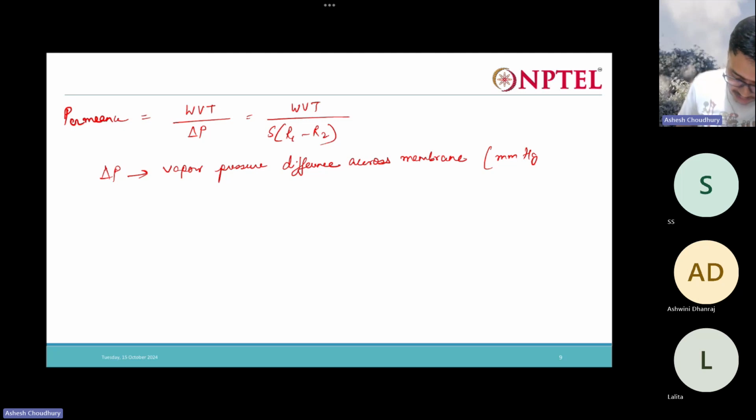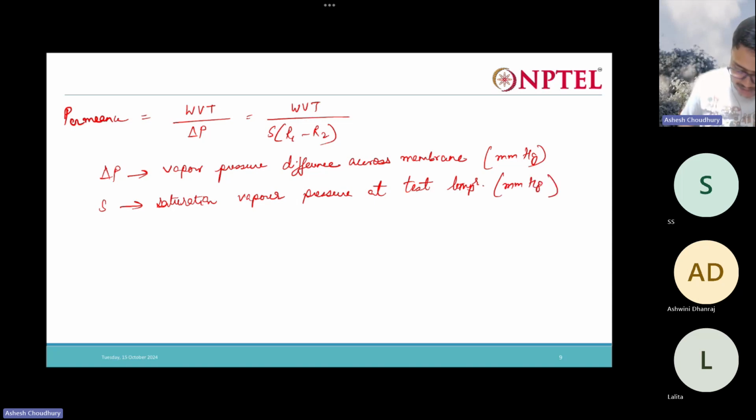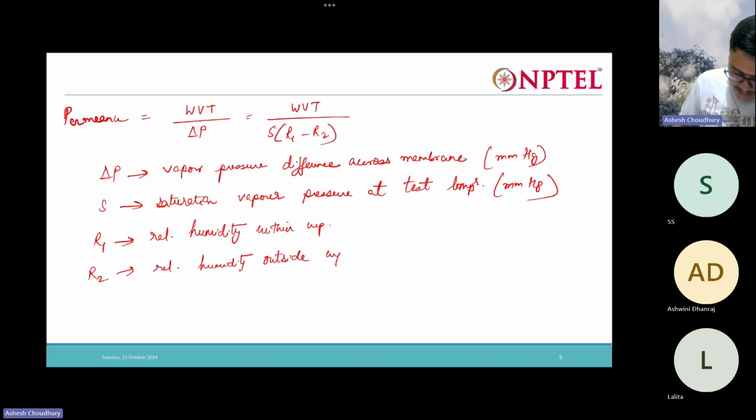S is also in mmHg, and R1 is the relative humidity within the cup, and R2 is the relative humidity outside the cup.